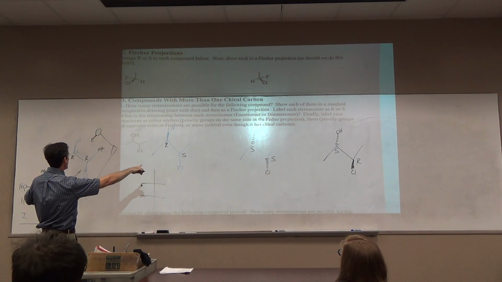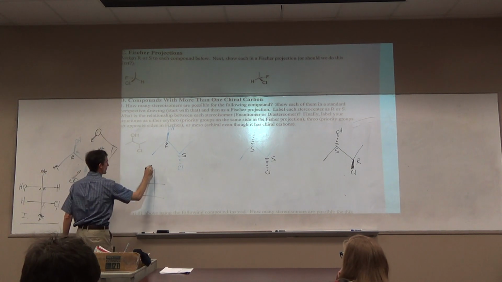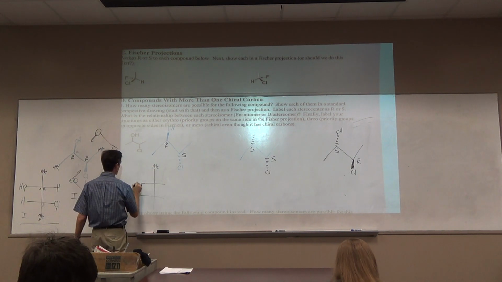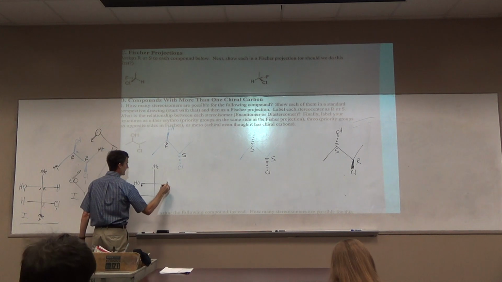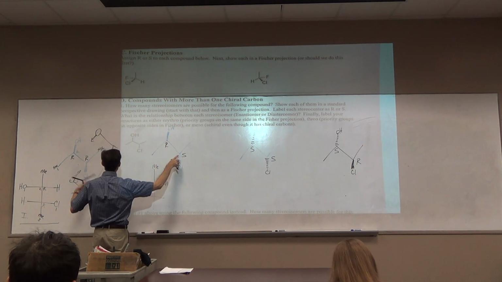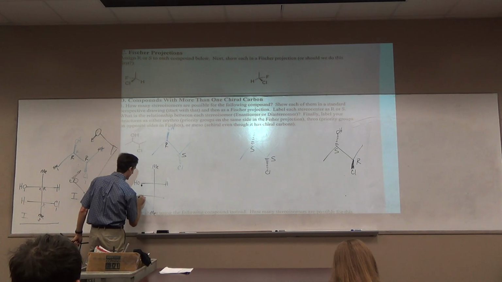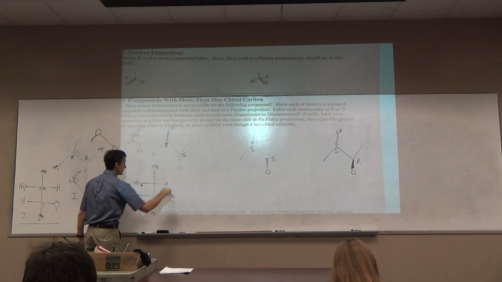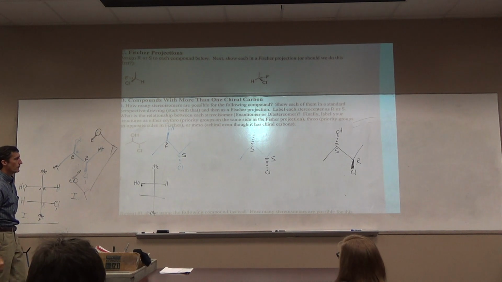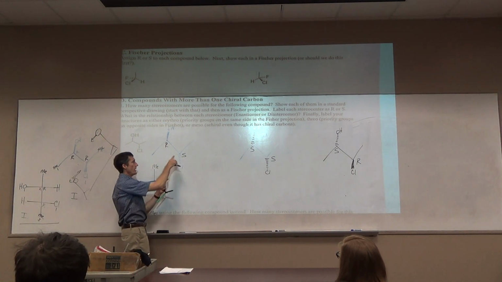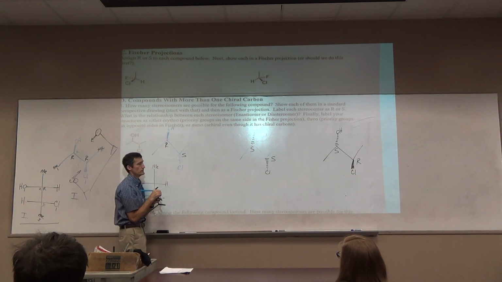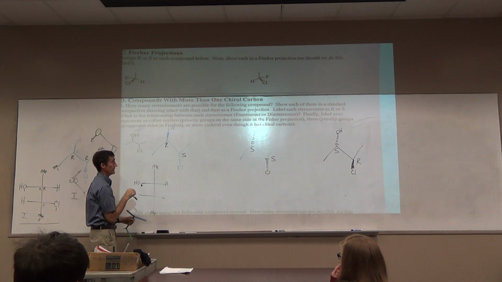What's the difference? Well, the OH is the same, so with the methyl going away, the OH is on the left, correct? There's no difference here. The difference is with the chlorine, so let's do it from scratch. With the methyl going away, which side's the chlorine on? On the left, because you have to be over here.